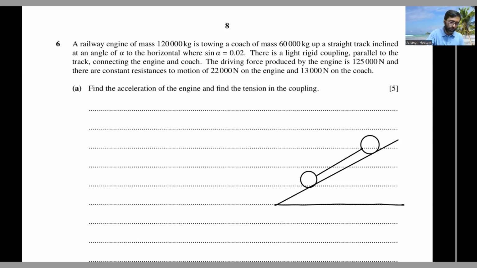There is a driving force on the engine, and there is tension in the coupling. There is resistance on the engine and a component of weight of the engine, mg sin alpha. And for the coach, there is resistance on the coach and there is a component of weight.